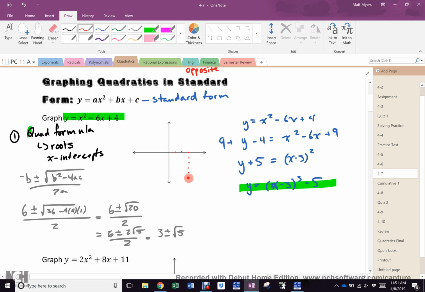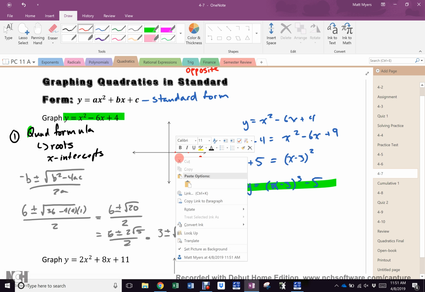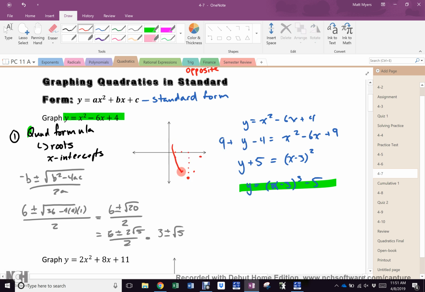And now how would I graph it? Up 1 over 1, and then reflected on the other side, and then up 2 over 2, up 4, reflected on the other side. So, which one helps me graph it better? Completing the square.